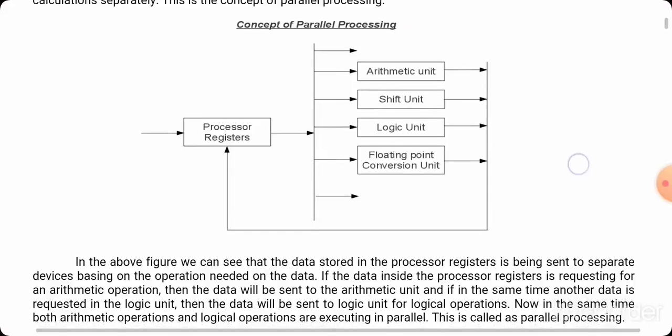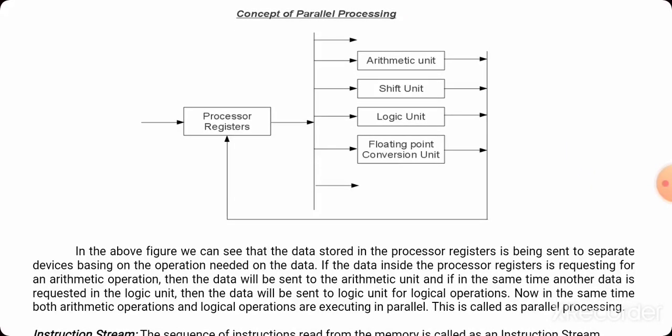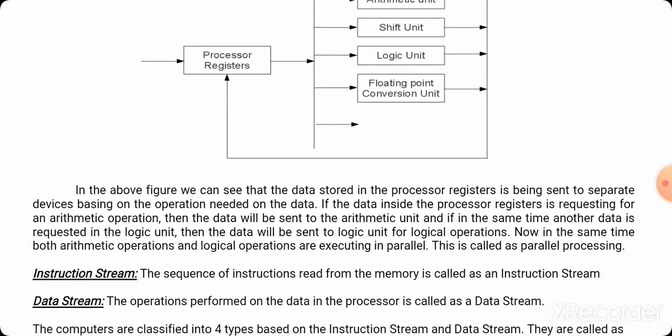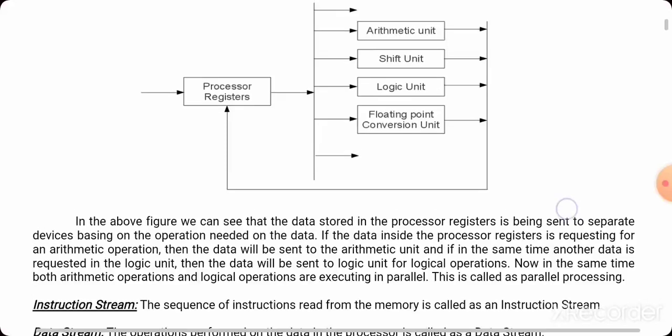So here there is a diagram of the concept of parallel processing. The data is stored in the processor registers, and the processor registers are divided into 4 parts: arithmetic unit, shift unit, logic unit, floating point conversion unit. In the processor, the data belongs to the shift unit.